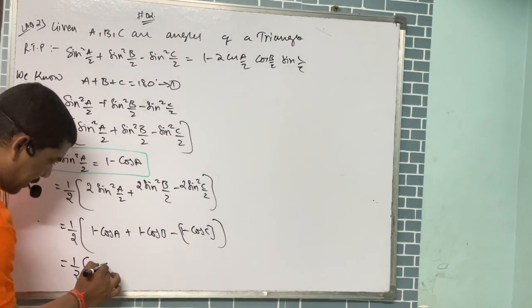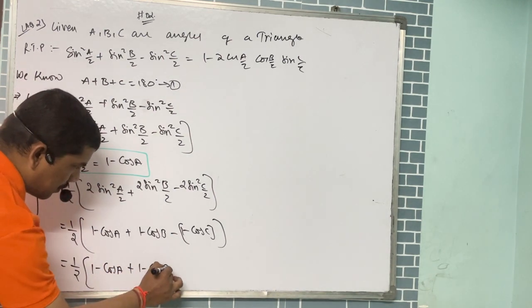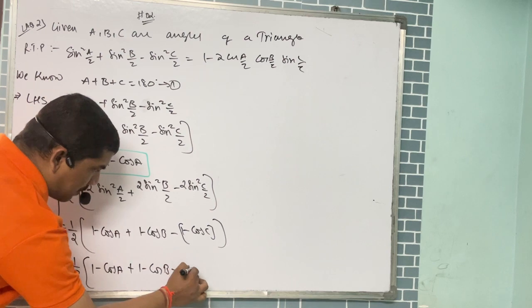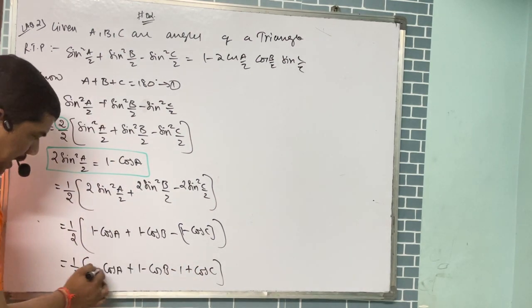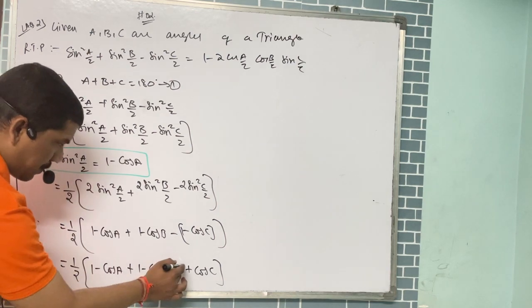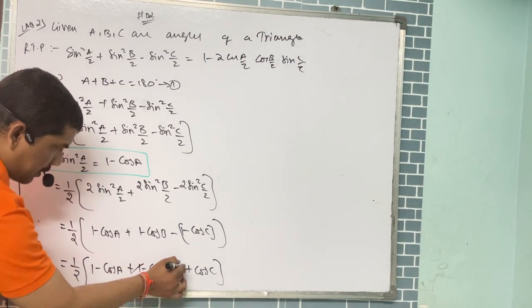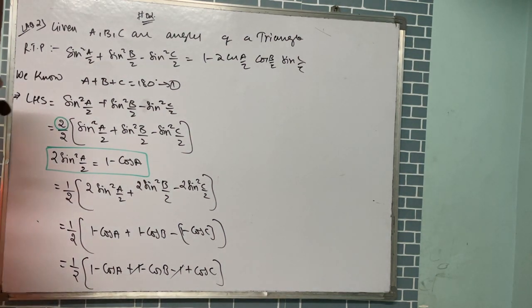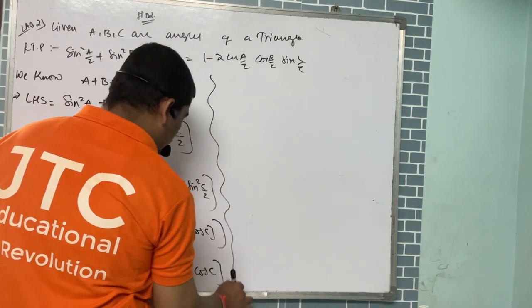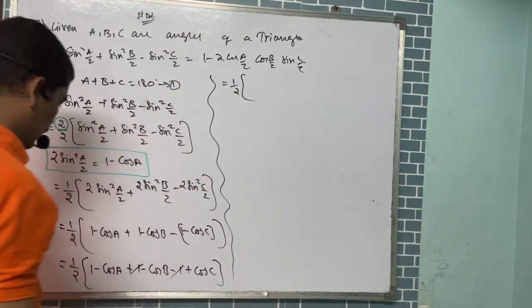See student, open the brackets. Minus 1 minus into minus plus cos C. So I can cancel this 2. See, this is minus 1, this is plus 1. Both get cancelled. Getting the idea? So what will I be left with now? 1 by 2.